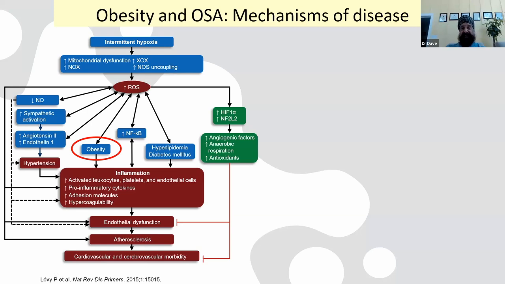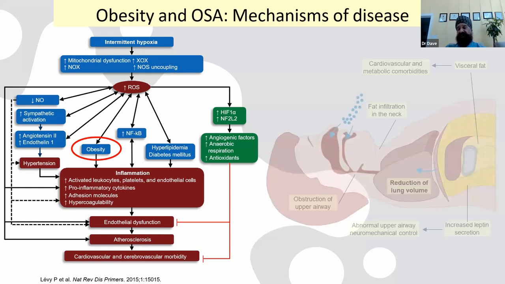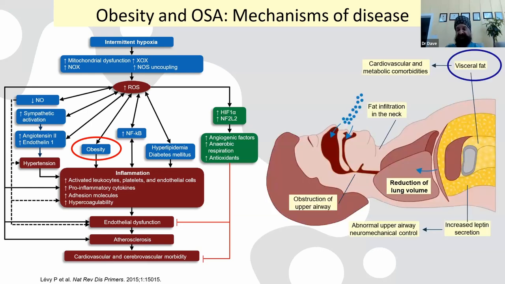So when you look at obesity, it's a complex condition with an overlap comorbidity with things like sleep apnea, for example. So when you think about the visceral fat that's been deposited in some of these cases and how it impacts the cardiovascular and metabolic comorbidities, you have to think about what this fat is doing. It's going to infiltrate into the neck. It's going to put pressure on the upper airway, increase the likelihood of collapse in the supine or sleeping position.